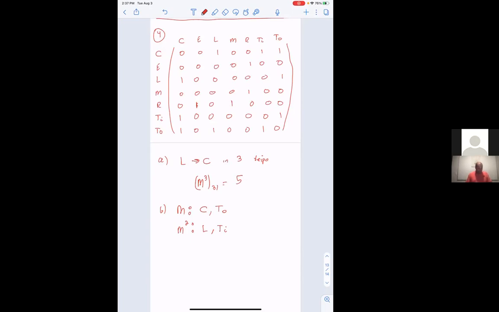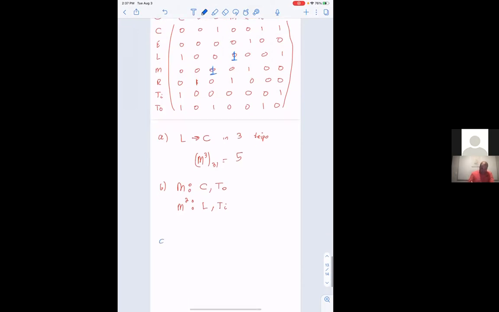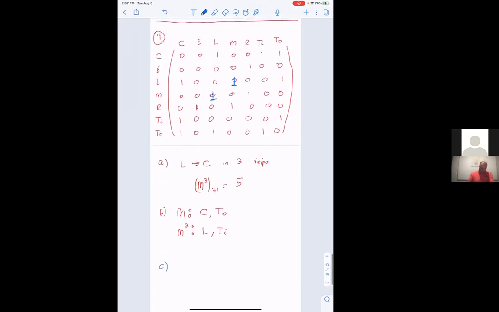Now it says an extra ferry route is added between Mallaig and Lochboisdale. So this one becomes a 1. Mallaig and Lochboisdale, so by symmetry, those both become 1s. It says write down the new adjacency matrix.